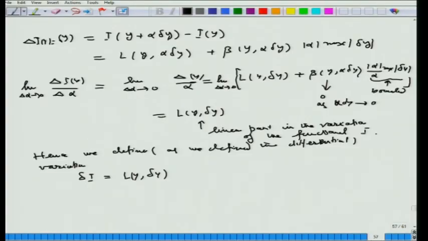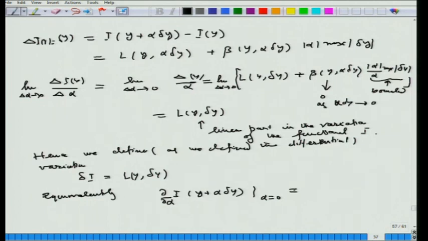Now, in the same manner as in the function case, we can have an equivalent definition: we define I of y plus alpha delta y, take the partial derivative with respect to alpha, and evaluate at alpha equal to 0.